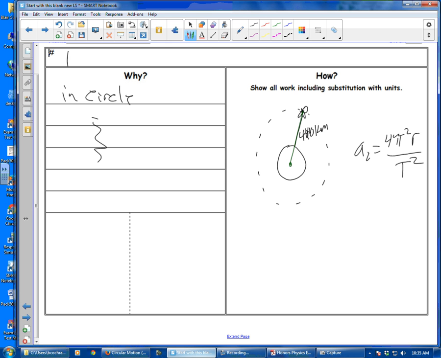So for the radius of the circle, it's going to be 440 kilometers plus the radius of the Earth, because they gave me from there to the surface. This is one reason I put this in here: remembering this fact that it's from the center of the Earth will be very important next week when we're doing gravity.